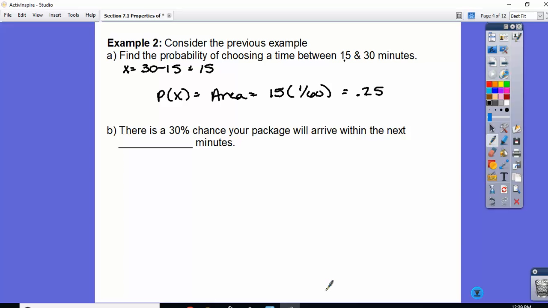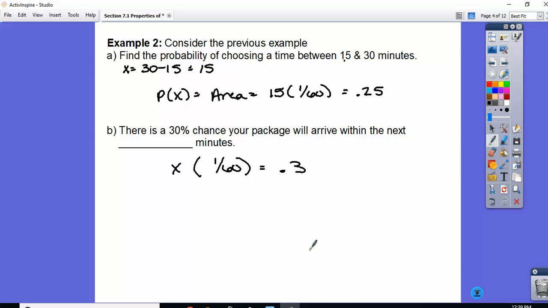All right, I'm going to flip this around. There is a 30% chance your package will arrive within the next blank minutes. So you have to go backwards. So I don't know my number of minutes, but I know my probability is 0.3.